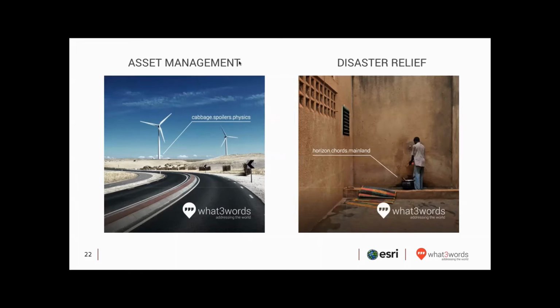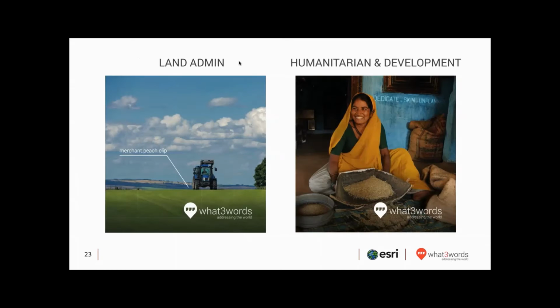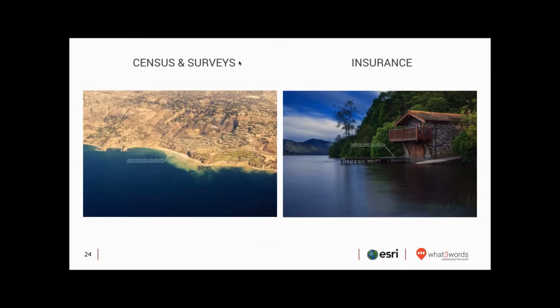So many different applications where people want to talk about where things are, where they don't have a street address. Asset management, disaster relief we've also mentioned, land administration, humanitarian development projects, census and surveys, and insurance. Insurance companies, quite often when they're doing insurance for developing countries, don't really have a good idea of where the places they're insuring.